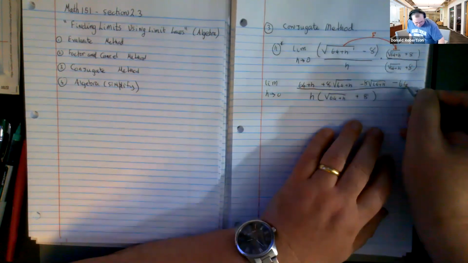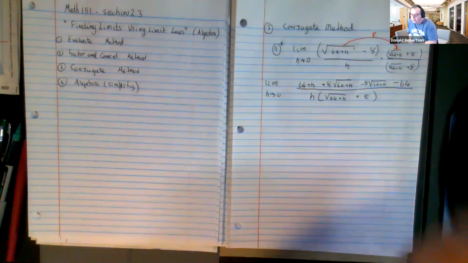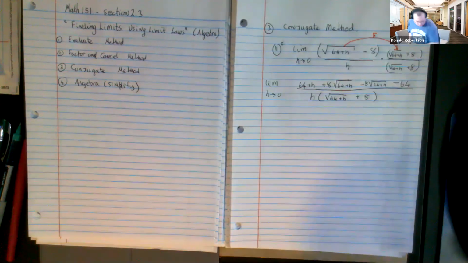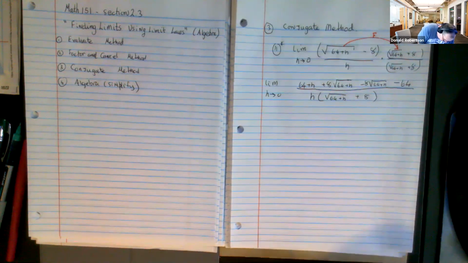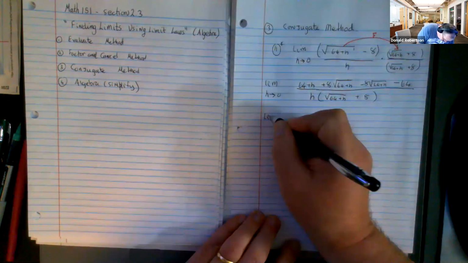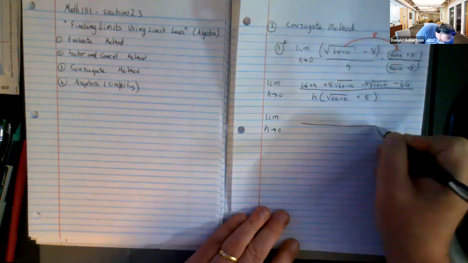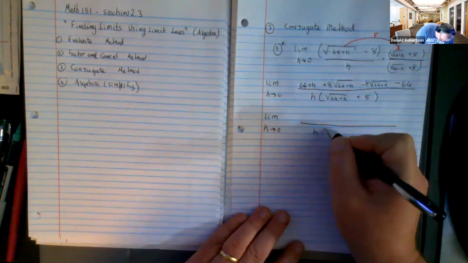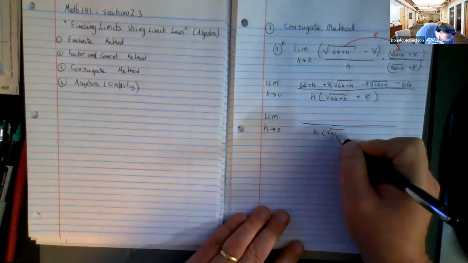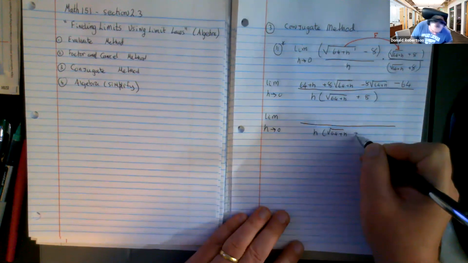Are we comfortable with the FOIL, right? And this is not a coincidence. This actually is going to happen every single time you do the conjugate method. Do you notice that the two terms in the middle cancel each other out?